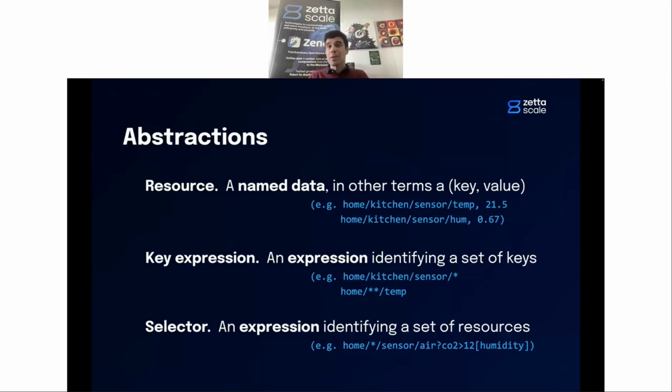You really shouldn't care, okay? And that gives you the ability of changing the storage technology over time. And by the way, this is the syntax that Zenoh supports off the shelf with a storage plugin that we provide. The other important thing to understand is that the actual query language, okay, is understood by the storages.